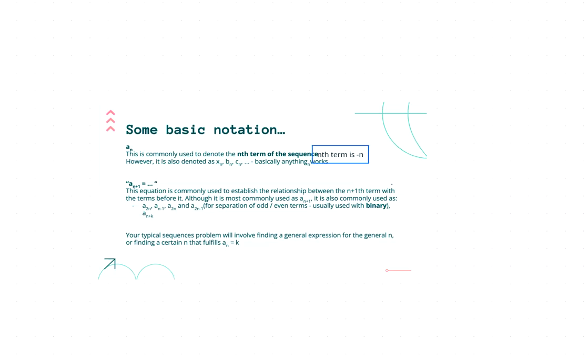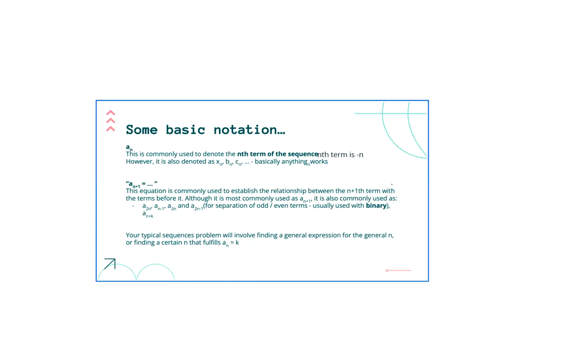Anyways, before we were talking about how we can define the nth term using a general form, right? So we also want to tighten up our notation a little bit. Something we often use is a with n in the subscript, which denotes the nth term of a sequence.